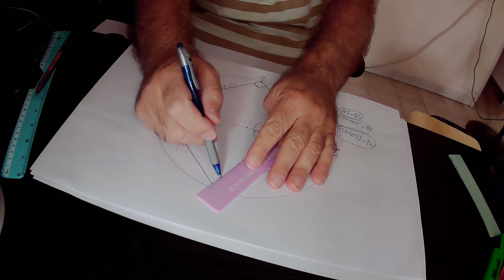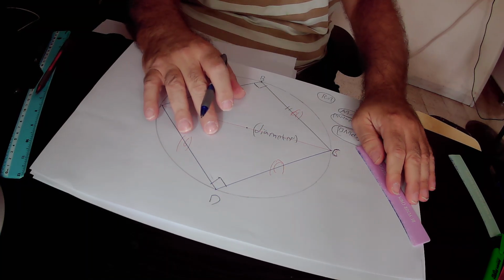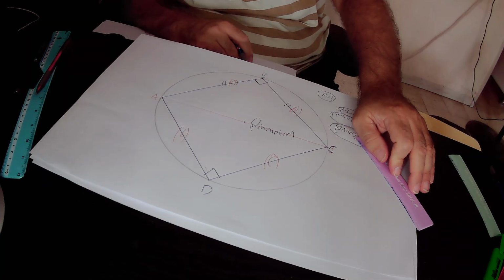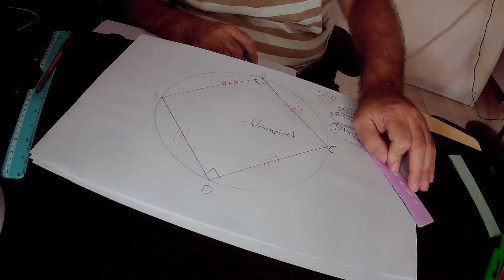So in the next step, we'll implement the Pythagoras theorem on both of those right angles. According to the Pythagoras theorem, in any right triangle, the square of the hypotenuse equals the sum of the squares of the perpendicular sides.